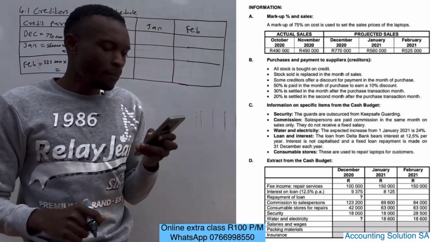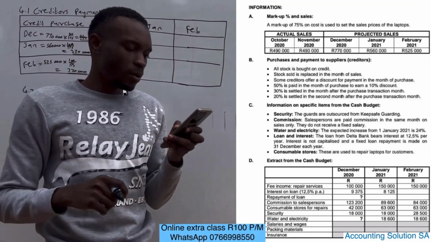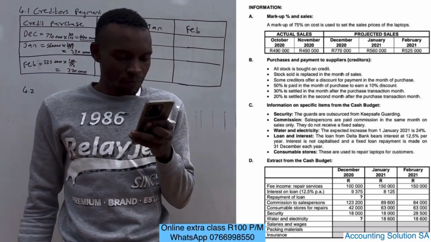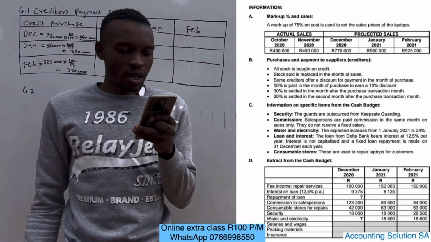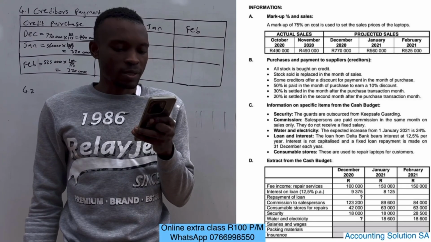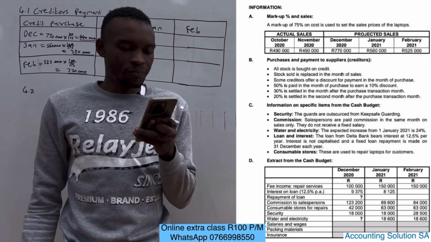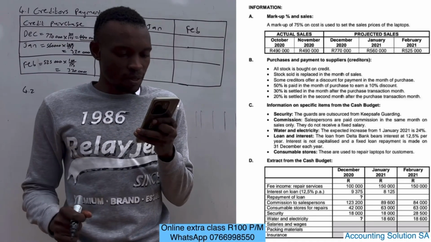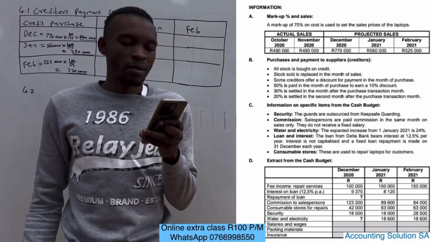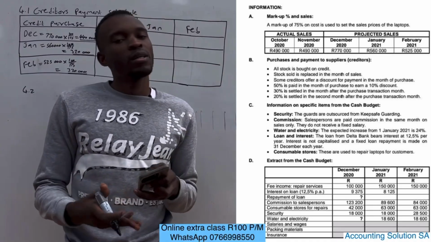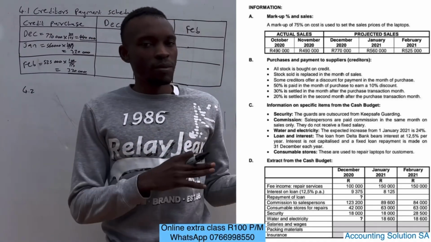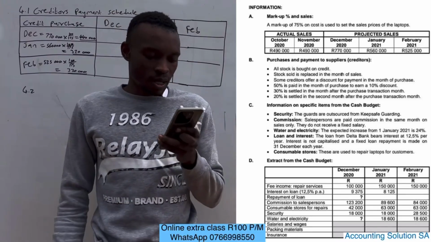Now let's check how these payment schedules are made. Number B: some creditors offer a discount for payment in the month of purchase, 50%. Let's read the one that I skipped. Stock sold is replaced in the month of sales. Simply, all stock that they purchase, if we sell it, we replace it immediately.